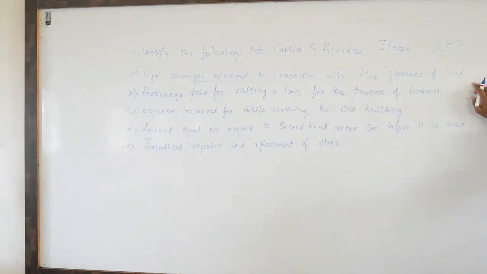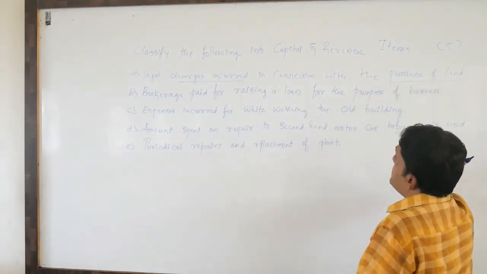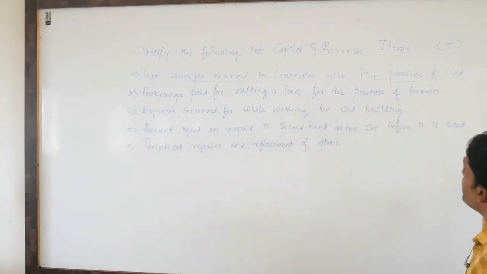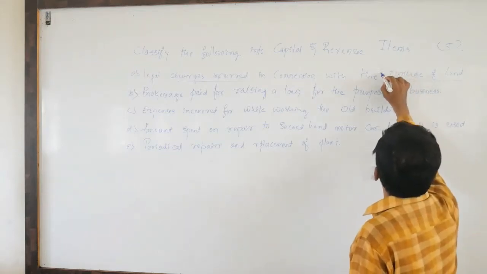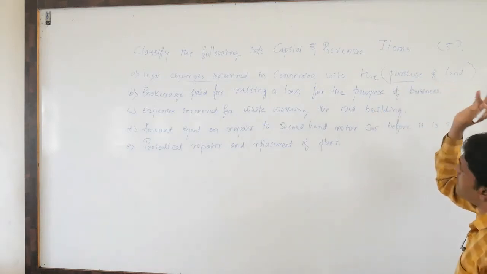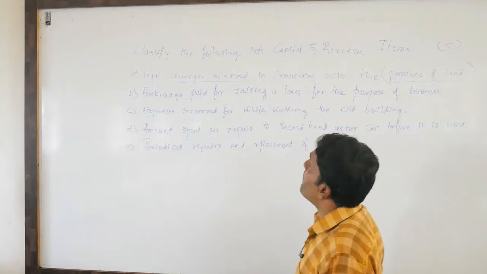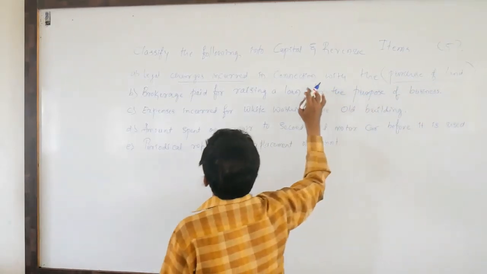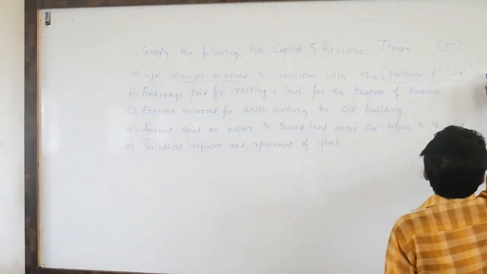As I said, dear students, purchasing of land is not regular. We are not purchasing land daily, like our vegetables or our basic needs. We cannot purchase land regularly. Only once in a lifetime, whatever it may be, the purchase of land is capital. One time purchasing, so the legal charges on that purchase of land are capital.